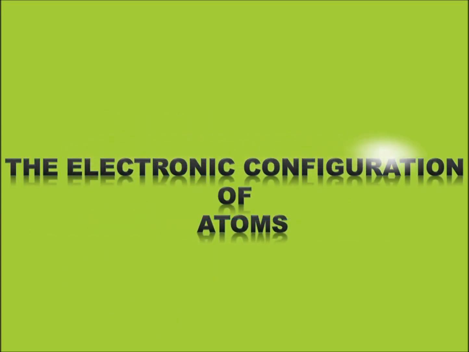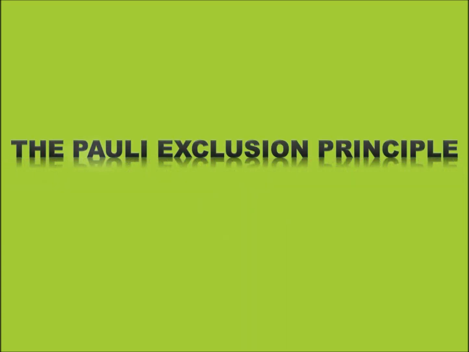Let's talk briefly about the electronic configuration of atoms. In order to discuss this topic, there are a few rules or principles that we need to discuss. The first rule is the Pauli exclusion principle.